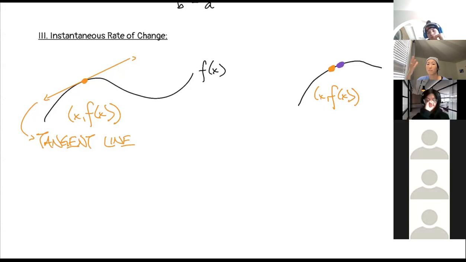So I've got my original point and then a purple point that is really close to the orange point. Now, if I were to connect these two with a secant line, that secant line will actually have a very similar slope as the tangent line.